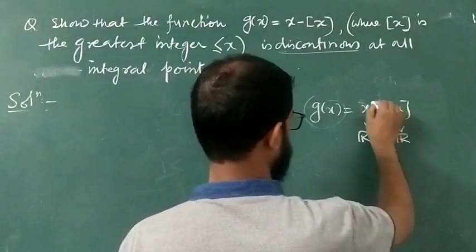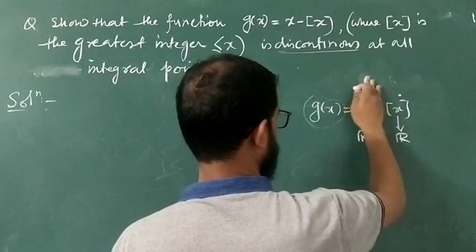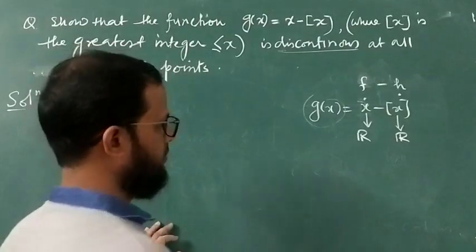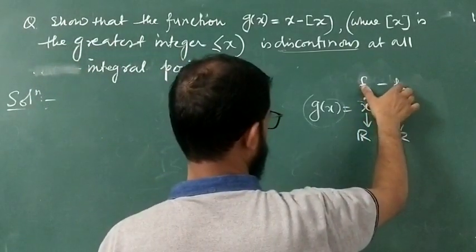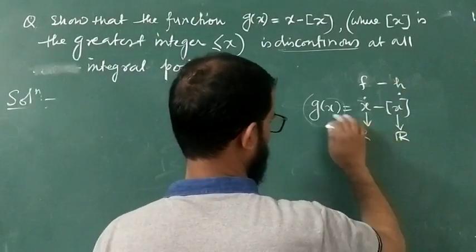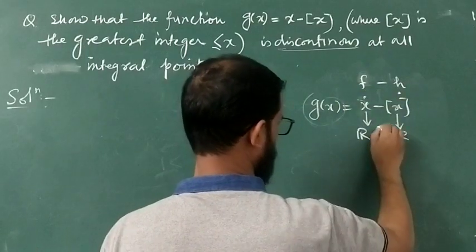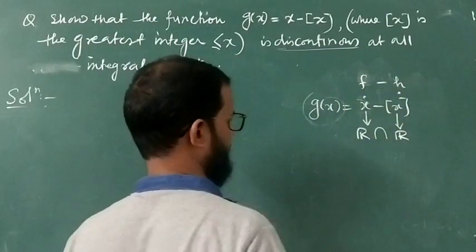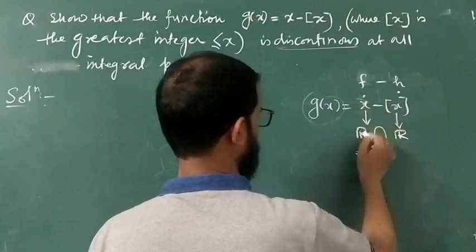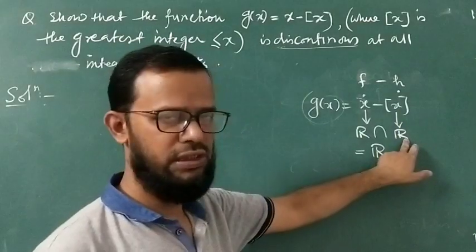If there is a difference of two functions, say f and h, the function is f minus h. When there is a difference, addition or multiplication of two functions, its domain is the intersection of the domains, which is equal to the set of real numbers, since the domain of x is the real numbers and the domain of the greatest integer function is also the set of real numbers.